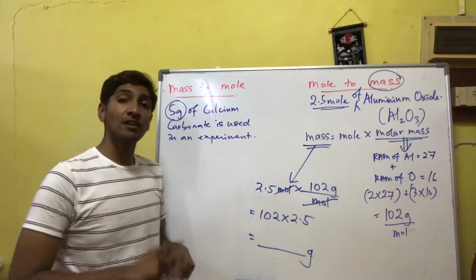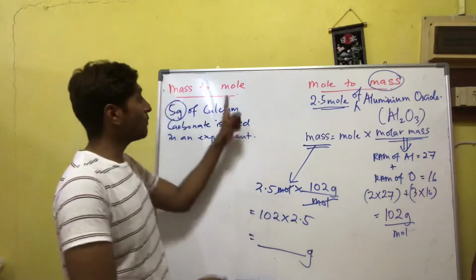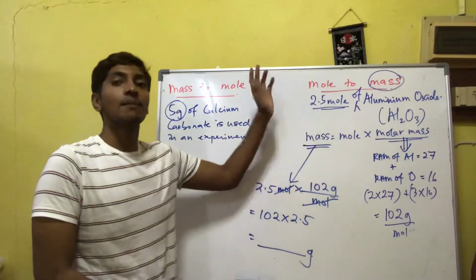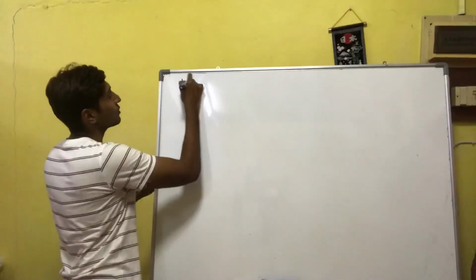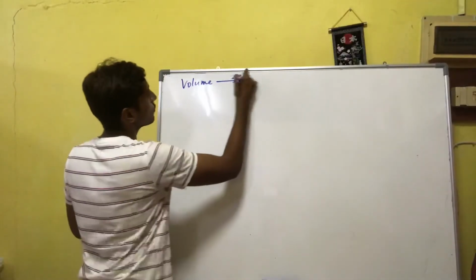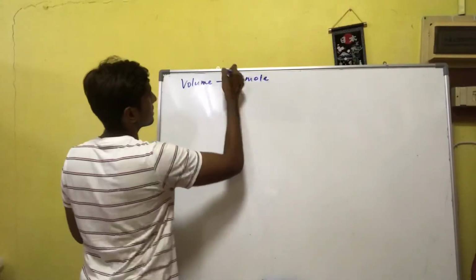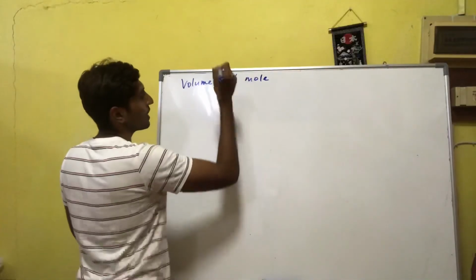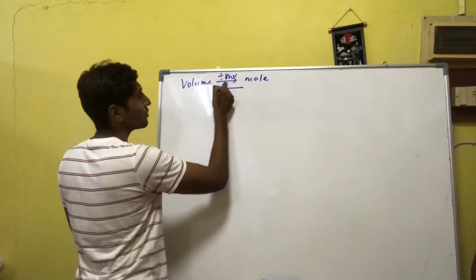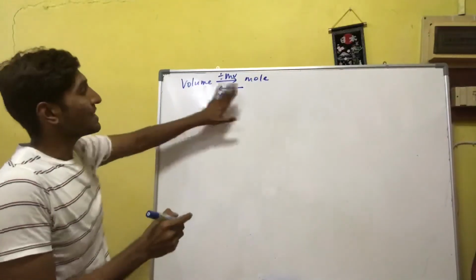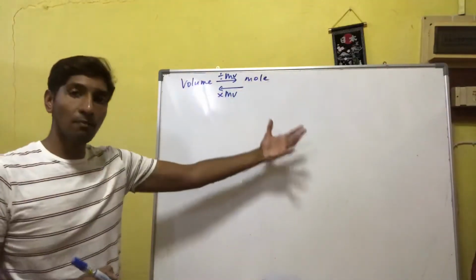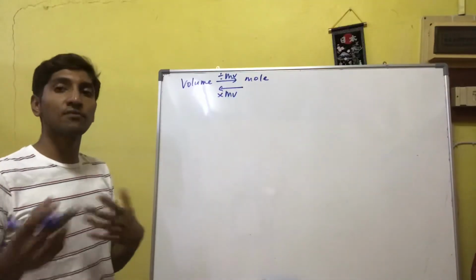So next we're going to talk about how to find volume from mole and how to find mole from volume. Basically, to go from volume to mole, like I said, you divide by the molar volume. And if you go from mole to volume, you multiply by molar volume. It's quite similar to molar mass and how to calculate mass from mole.